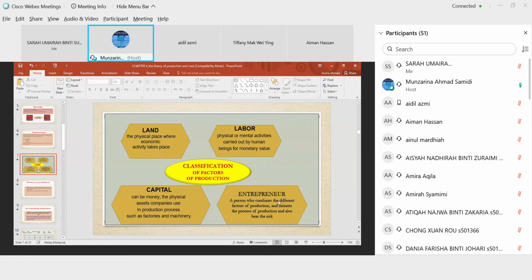And then there is also the entrepreneur, but their role is different. The entrepreneur is the person who takes the action to employ land, labor and capital and combine them in the production.